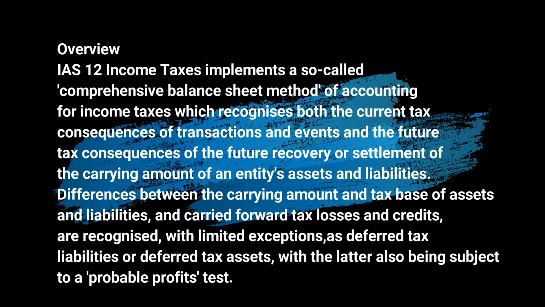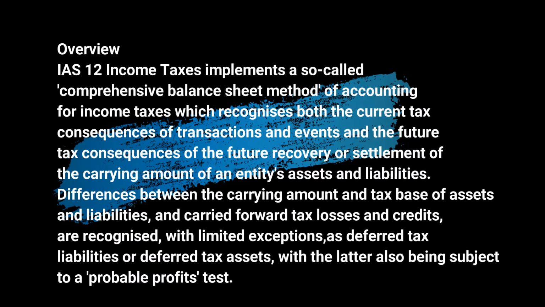Differences between the carrying amount and tax base of assets and liabilities are carried forward. Tax losses and credits are recognized, with limited exceptions, as deferred tax liabilities or deferred tax assets, with the latter also being subject to a profits test.